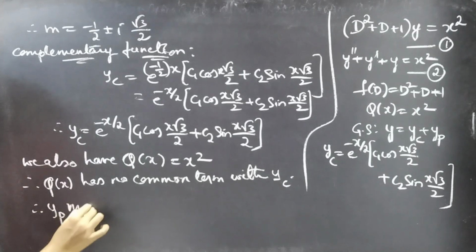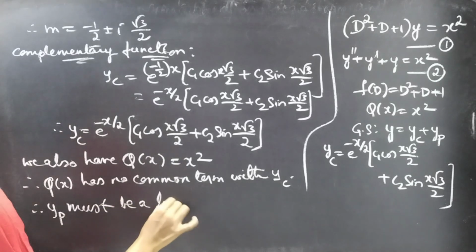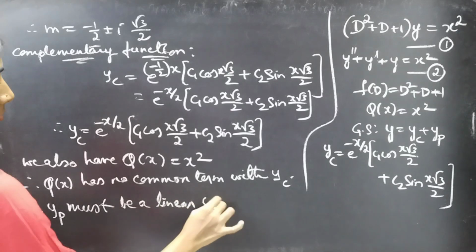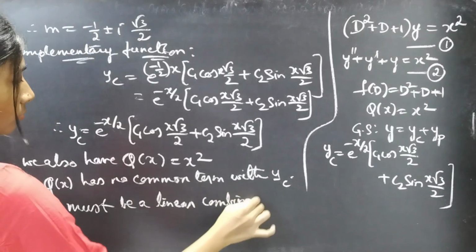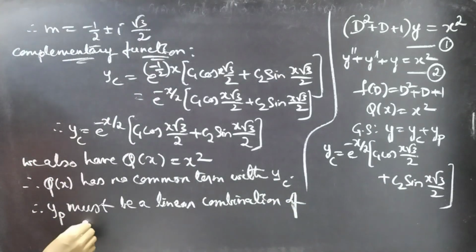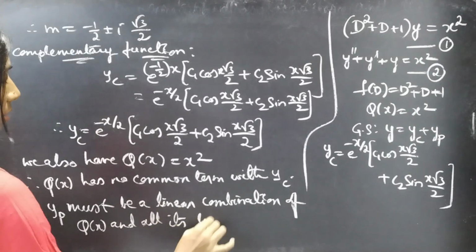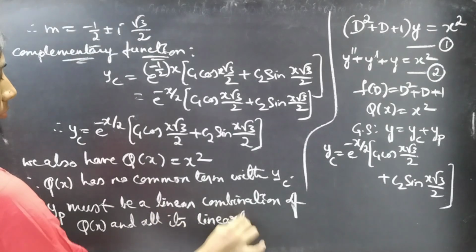Yp must be a linear combination of q of x and all its linearly independent derivatives.